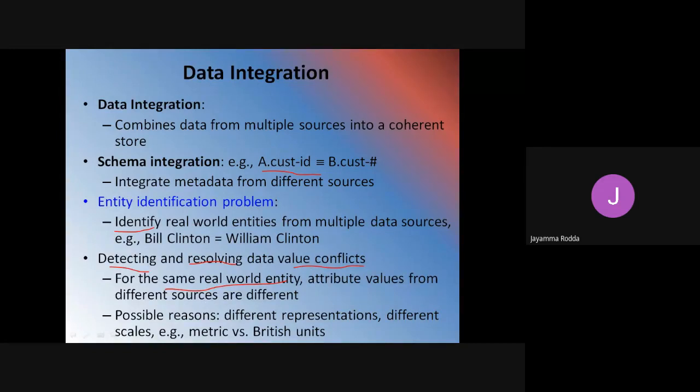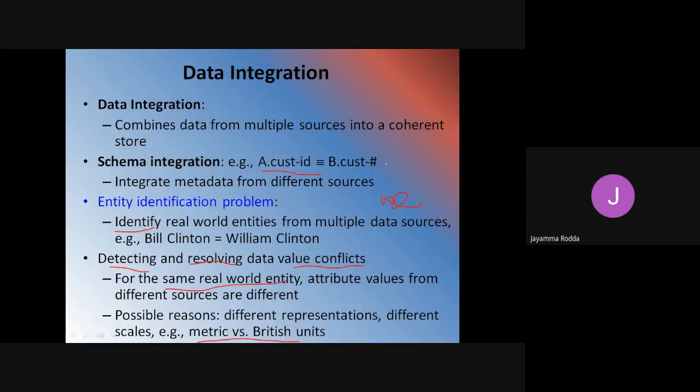Attribute values from different sources are different. The values will be different from different sources. What are the possible reasons for this? Different representations, different scales, like metrics. For example, I want to calculate the weight, or I want to calculate the height of the person.